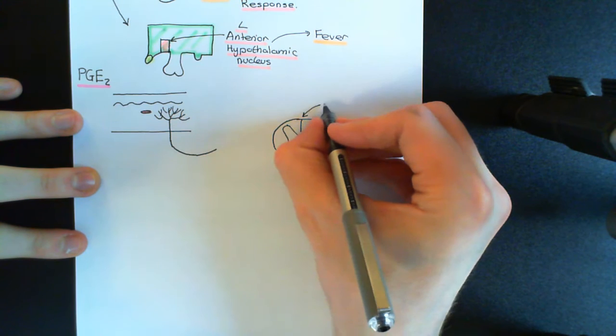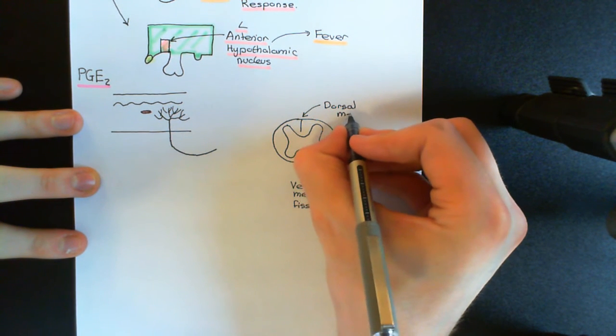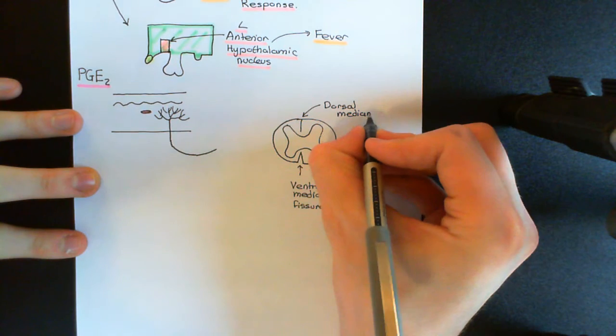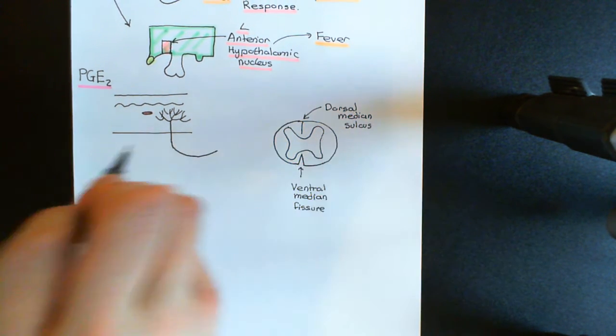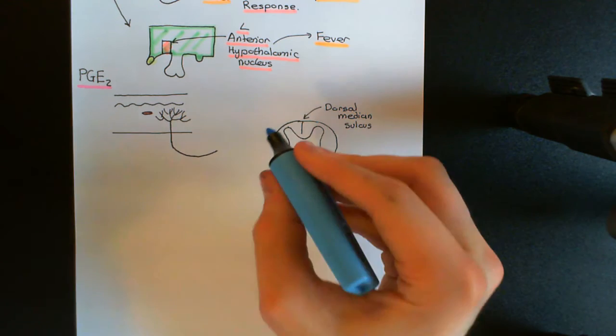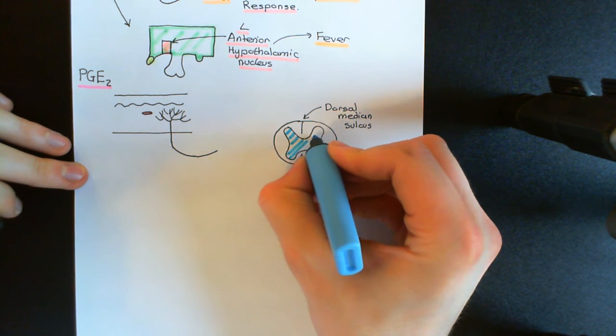This is the dorsal median sulcus at the back here. And then we've got the grey matter and the white matter of the spinal cord. So I'll just colour this in. So this is the grey matter of the spinal cord here in blue.